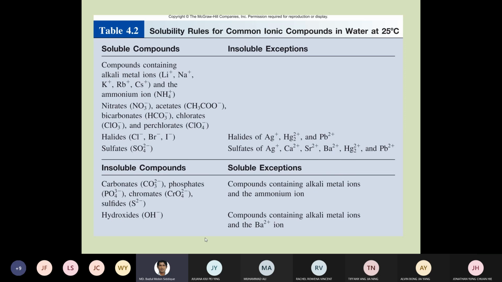Okay, so this is the rule we were talking about in the last lab when we were doing the chemical investigation of chemical reactions. By the way, we are now studying the chemical reactions, and we have done this lab already. I'm sure you are preparing the lab report, and you are doing well, I hope.